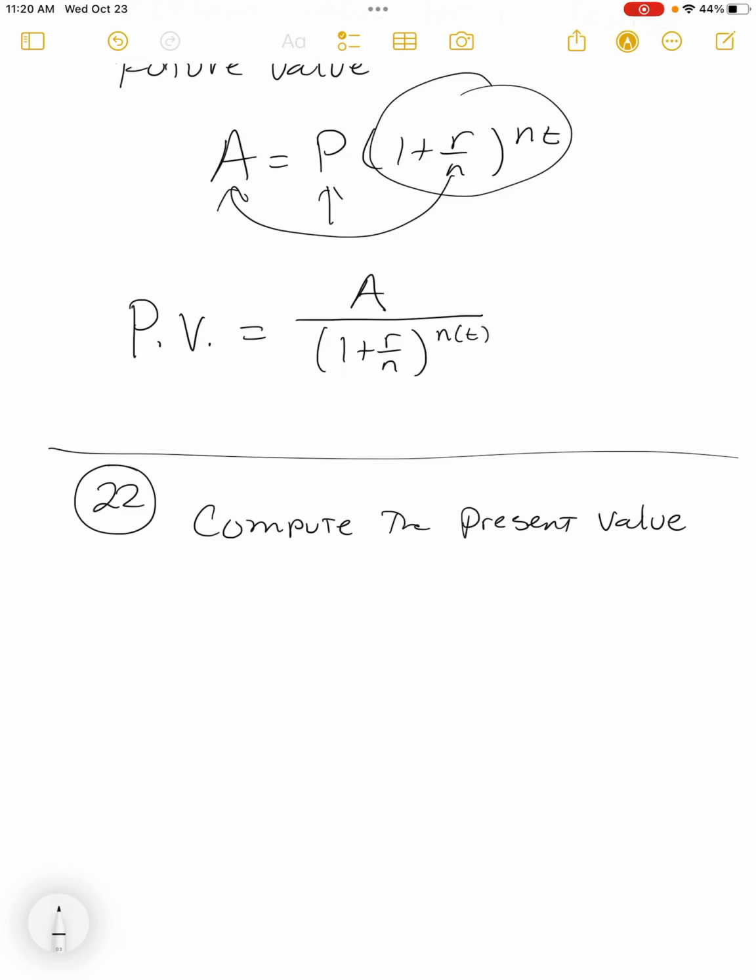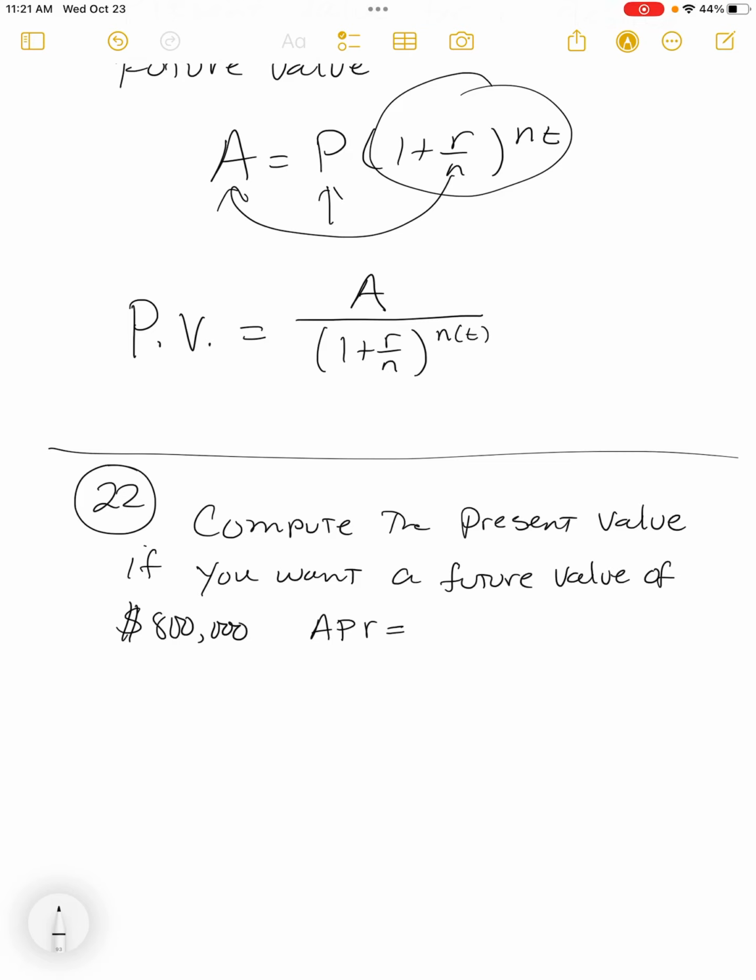If you want a future value and you know somehow that the annual percentage rate is going to be 4.23%, compounded monthly, which is common, for 35 years.